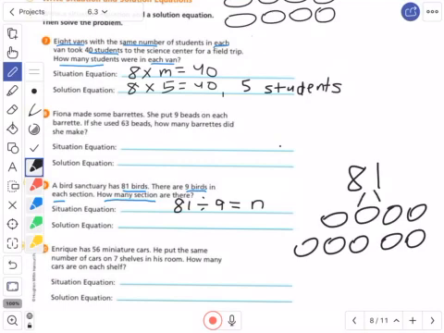And then 81 would be split into all of those. I could draw a line to go to each of my circles, just to show that this is going to get split into all of these, but I don't need to do that. I really like doing it like this, just to show that 81 is going to be split into all of those. Okay, so 81 divided by 9 equals n.